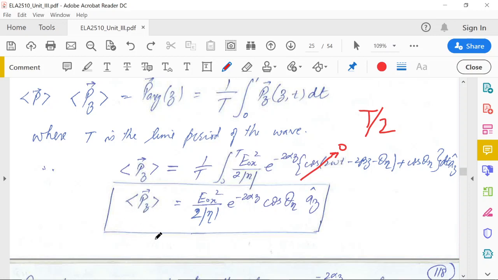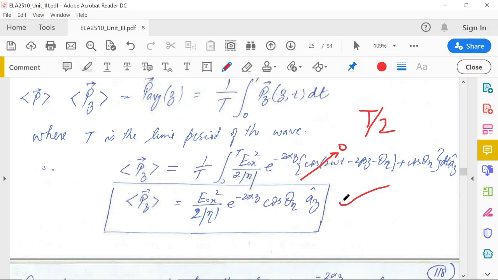So this is the time average Poynting vector, which is a function of z. As you increase the value of z, this time average Poynting vector will decrease. It depends upon E0x squared over 2η, e to the minus 2αz, cos θn. This is a very important quantity, and it will be used in later lectures for solving questions, and in higher courses also.